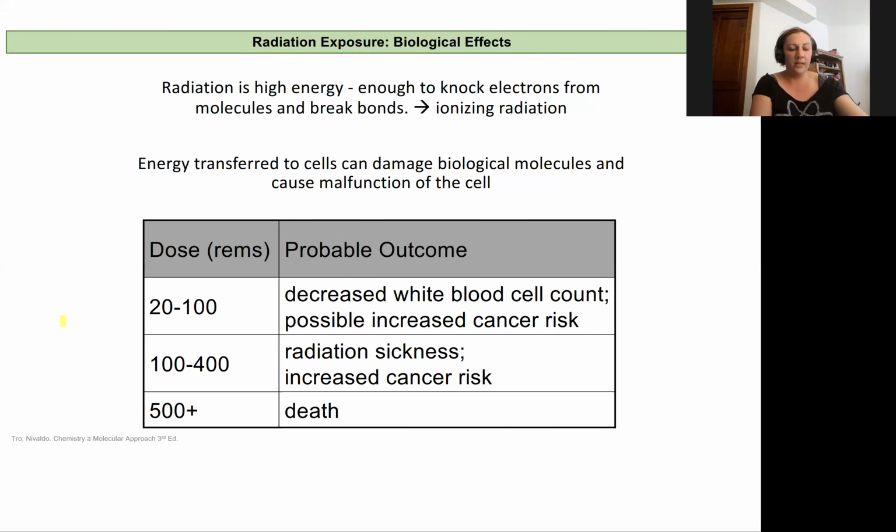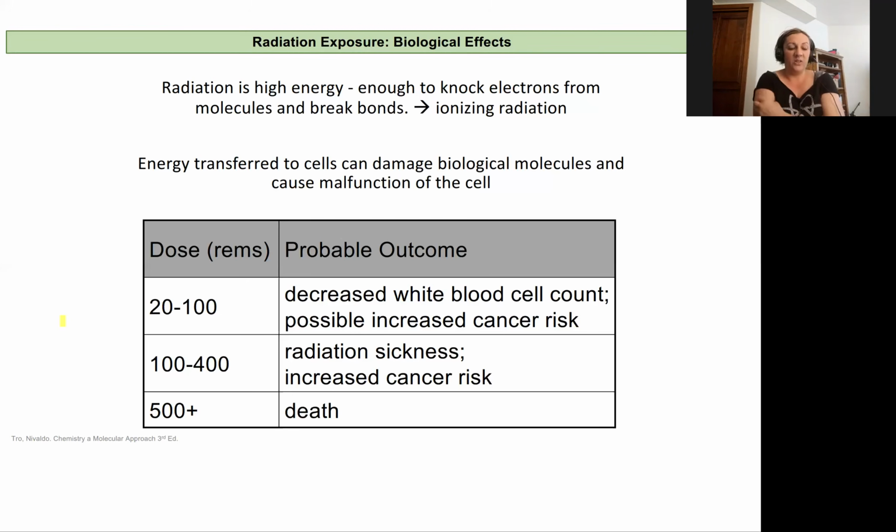Now multiply that by 4, and you're at a 20 REM dose. So anything above 4 times what you'd be exposed to at a nuclear reactor on a regular basis is going to lead to a general decrease in your white blood cell count, and you're going to have a cancer risk.